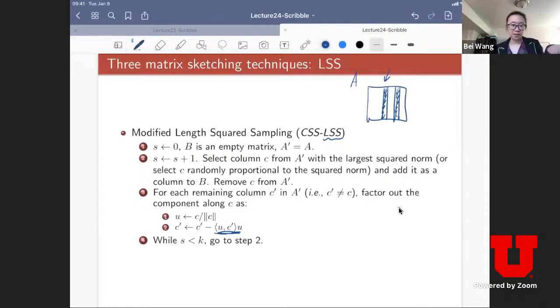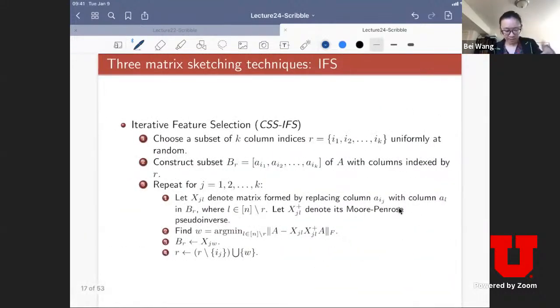After k steps, you choose k columns to be your basis. That is a column subset selection algorithm called LSS, and this is the one we're going to use most for our real world examples.